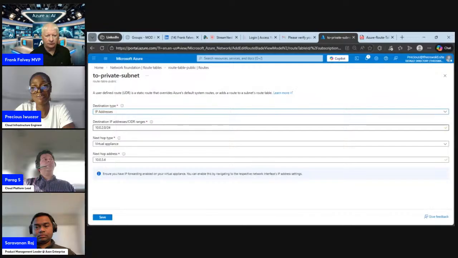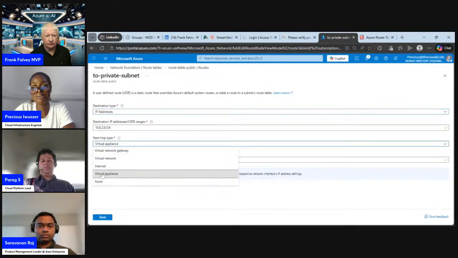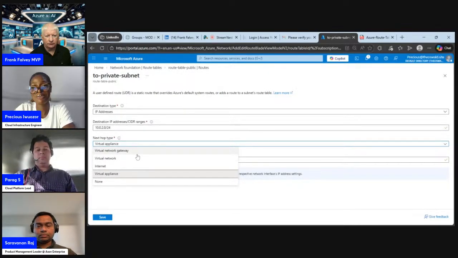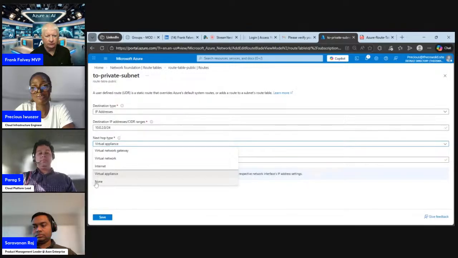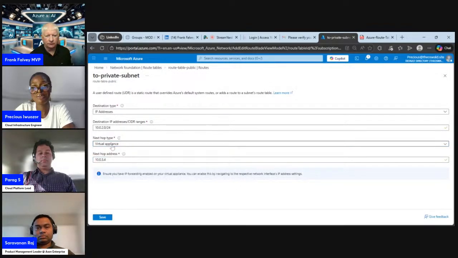Now, this is the destination IP, which represents the private subnet where my private VM lives. This is my next hop. There are other next hop types you can find here. You have the internet, you have the virtual network, you have the virtual network gateway for your on-premises connectivity. This is none, meaning traffic is dropped. So I'm using the virtual appliance. This right here is the IP address of my NVA.